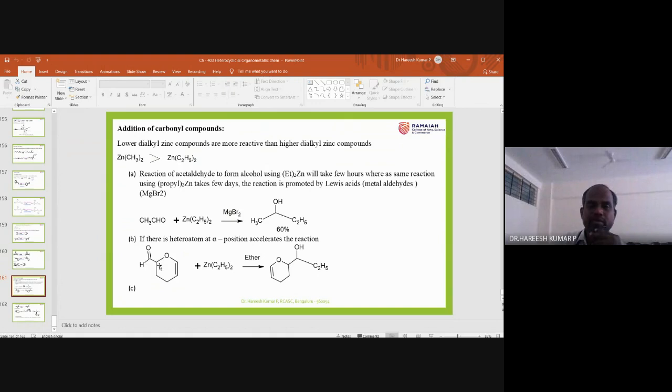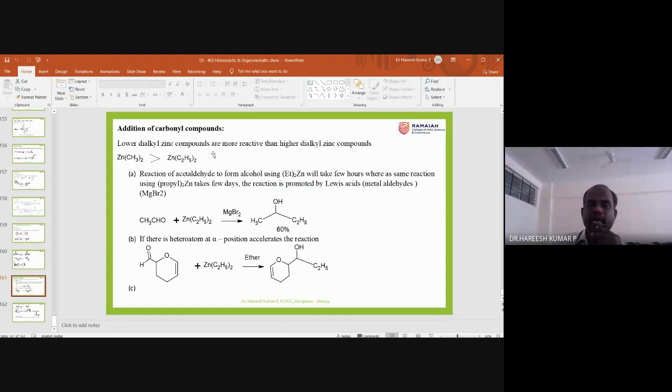Similarly, you can observe, this is an aldehyde. When it reacts with dialkyl zinc, it leads to the formation of alcohol. And here one thing you need to remember: lower dialkyl zinc compounds are more reactive than higher dialkyl zinc.